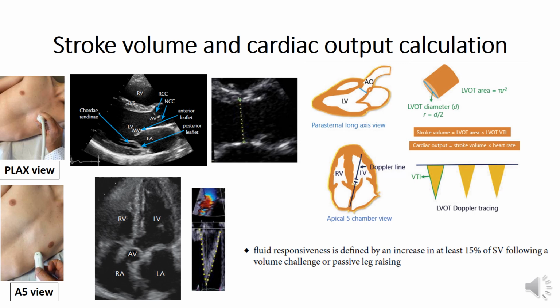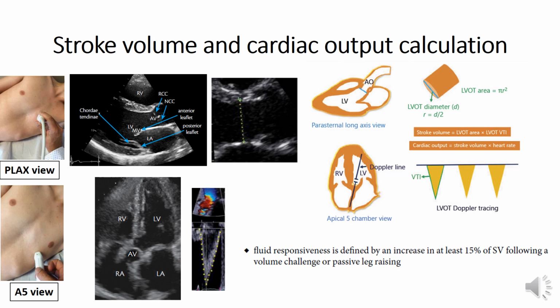So in case of the heart, if we have the diameter of the left ventricular outflow tract, which is measured just below the aortic valve at the parasternal long axis view, and you have the velocity of the blood at the left ventricular outflow tract, which is measured by putting the pulsed wave Doppler at this point in the apical 5-chamber view and tracing the flow, which is called velocity time integral.